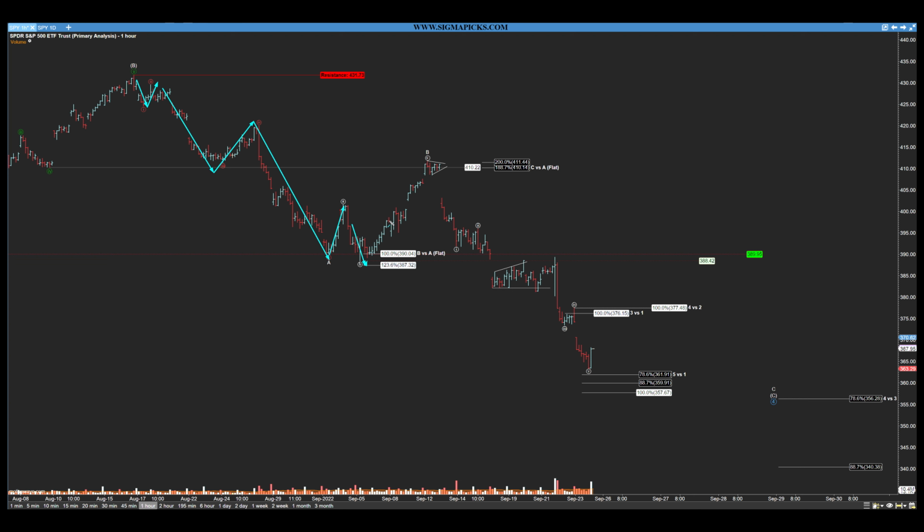It is your stereotypical zigzag structure that we knew was forming because of the preliminary 5-wave A wave that formed right here. We saw that there was a 5-wave structure in this A wave, and then we were expecting the ABC correction. We got it. We ended up getting a flat correction.